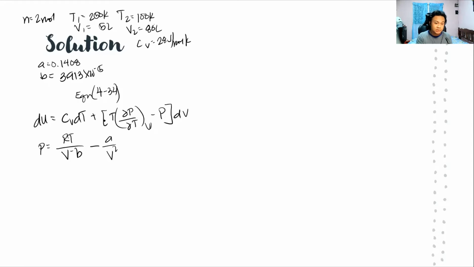So we will get the partial derivative of P with respect to T first, with V held constant. So just differentiate with respect to T.